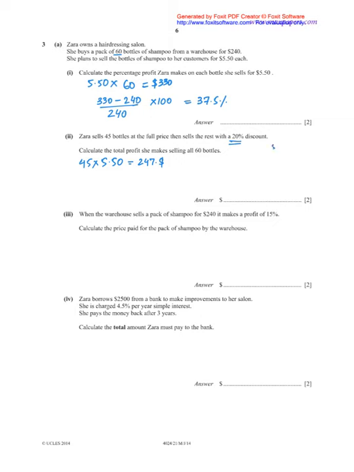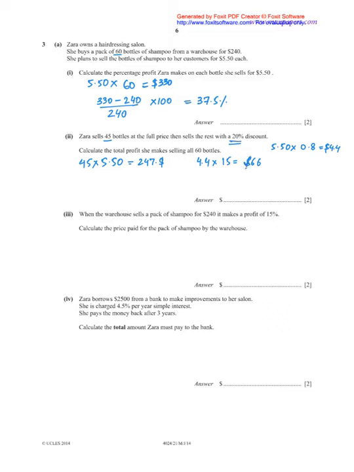So first we need to find out the discounted price on 5.50. With a 20% discount, the leftover is 0.8, that is 80%. So 5.5 times 0.8 is equal to $4.4, and with the price of $4.4 she is selling the rest. Out of 60, 45 bottles are sold, which means 15 are left.